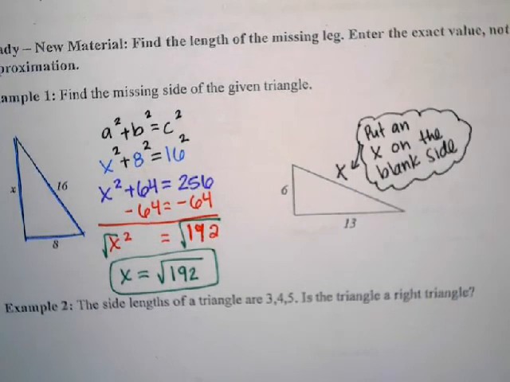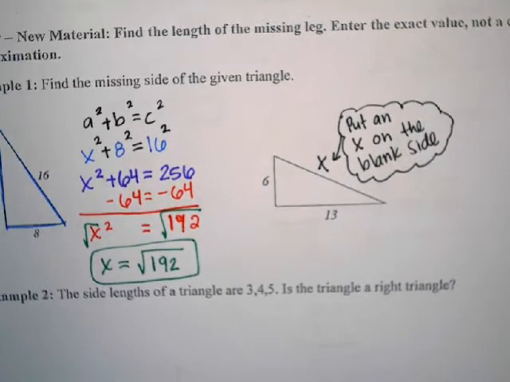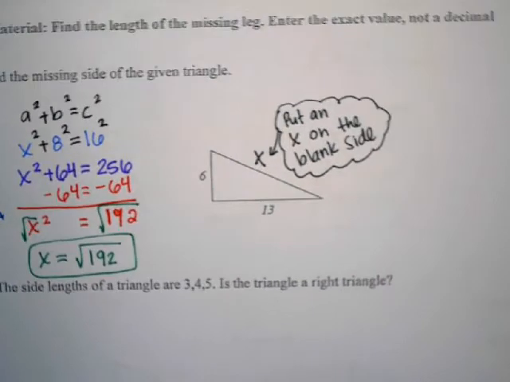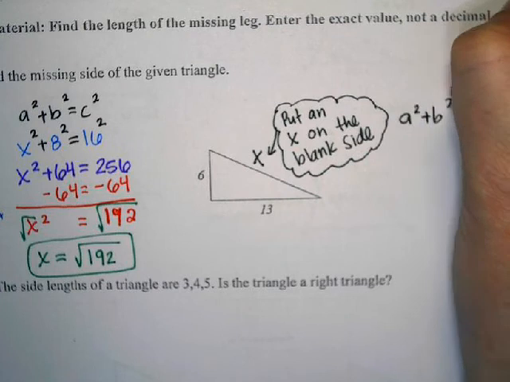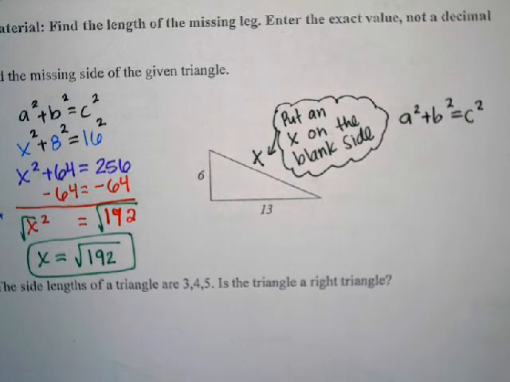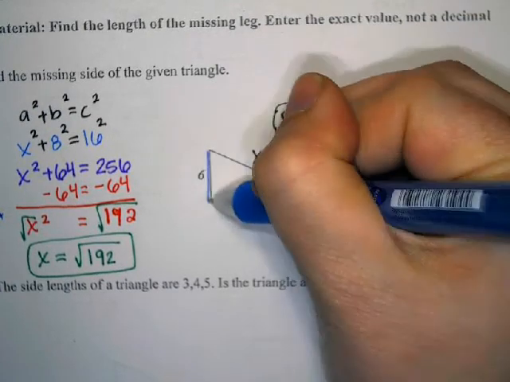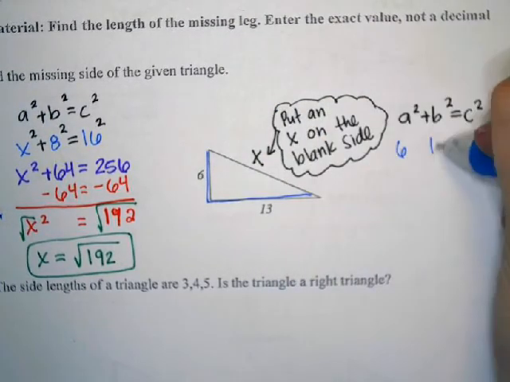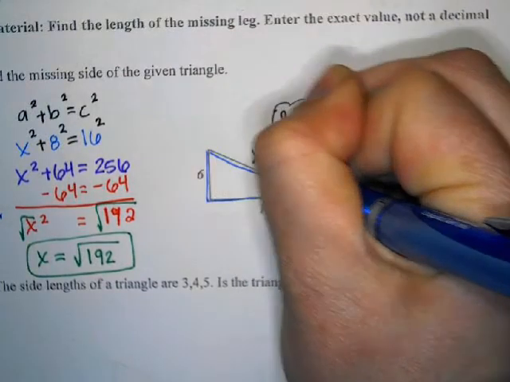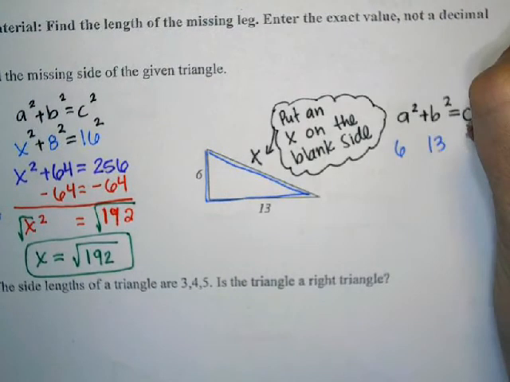We make that side an x. A squared plus b squared equals c squared. My legs go in for a and b, so I have a leg of 6 and a leg that's 13. The hypotenuse needs to be placed alone where the c is.